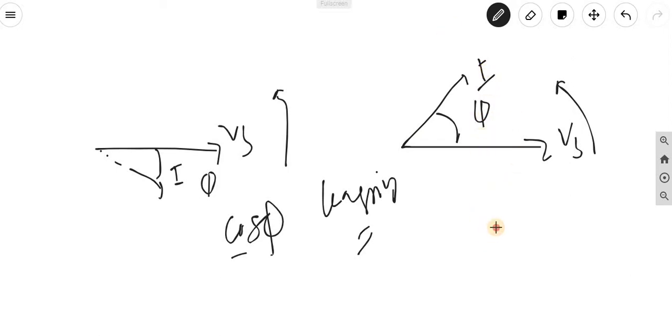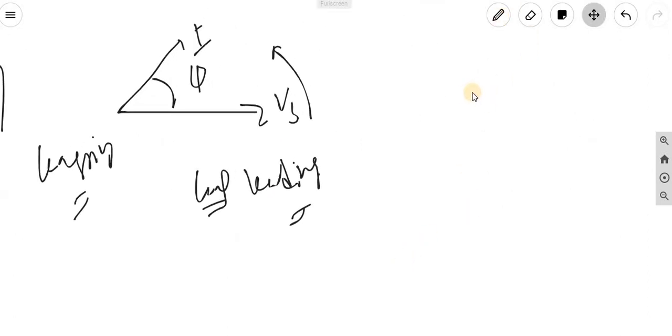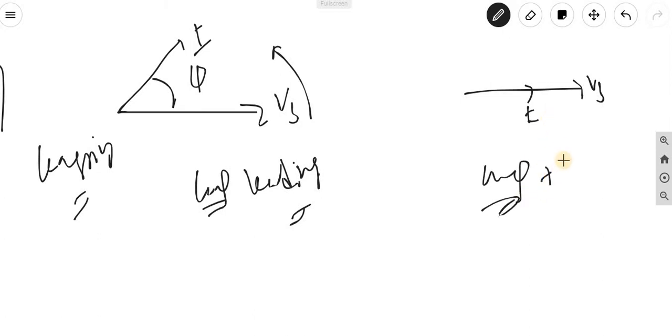I is leading means power factor is leading. And one more thing, suppose this is Vs and the current is in the same direction. In that case cos phi with phi 0 means power factor is unity.